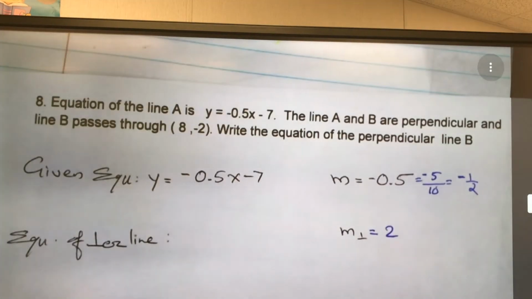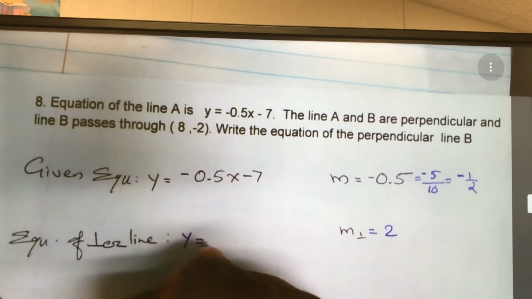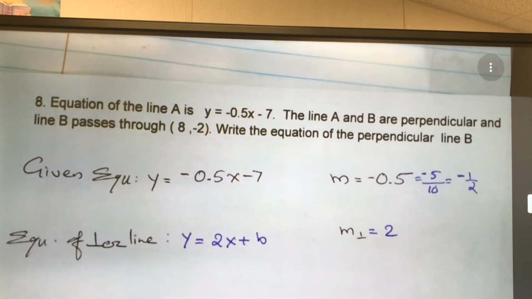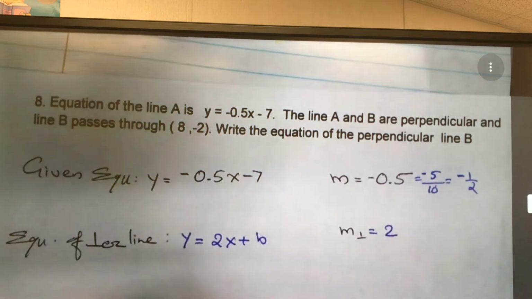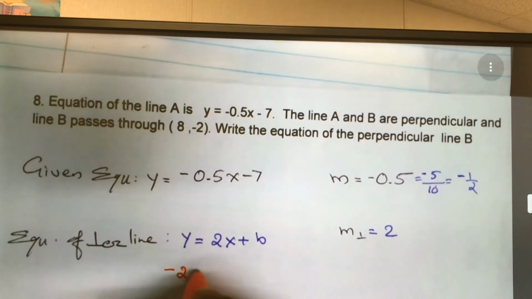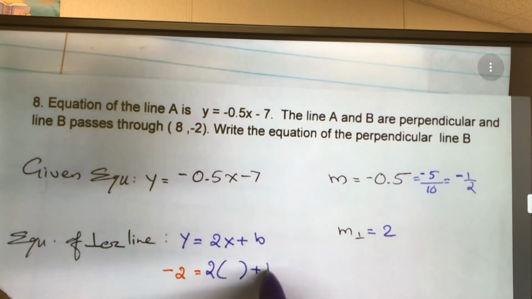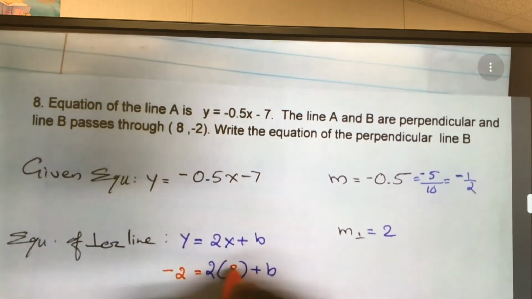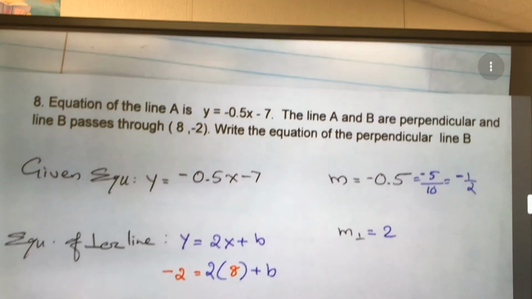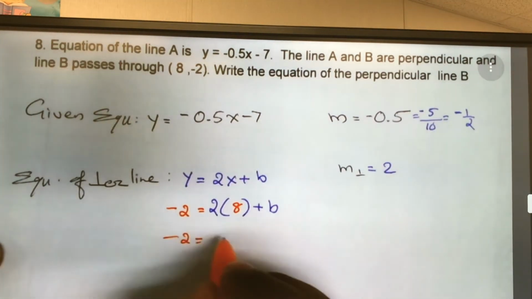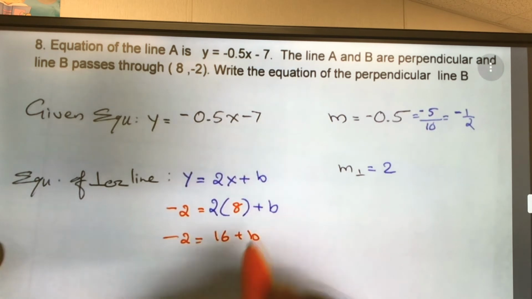So the equation of my perpendicular line is y is equal to 2x plus b. The y-intercept will be different. So you have to plug in 8 and negative 2 for x and y, and you can figure out what b is equal to. Negative 2 equals 2 times 8 plus b, so negative 2 is equal to 16 plus b.